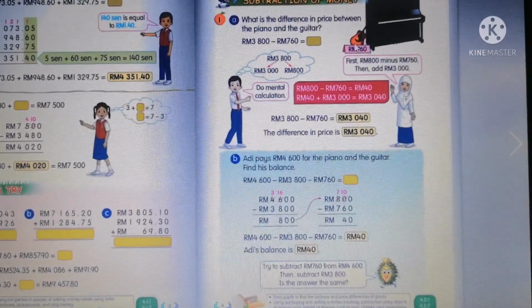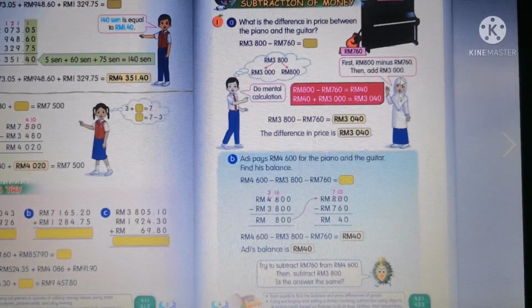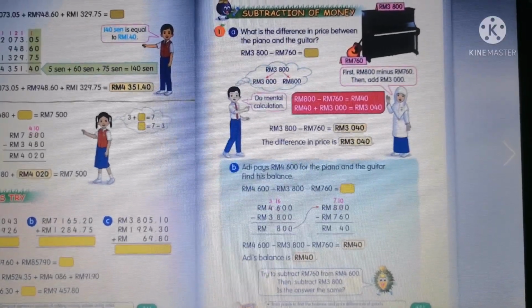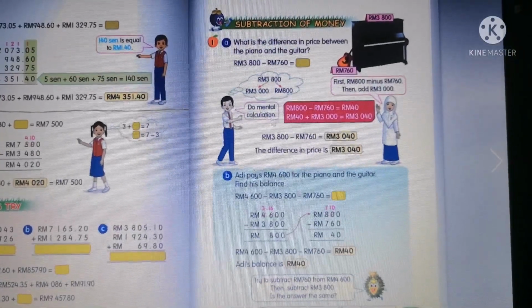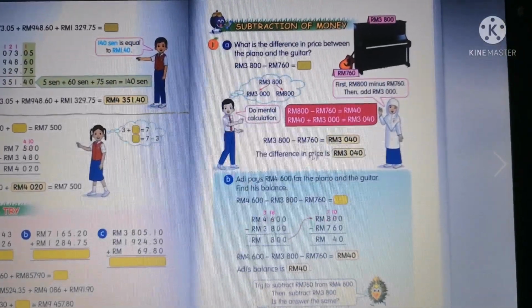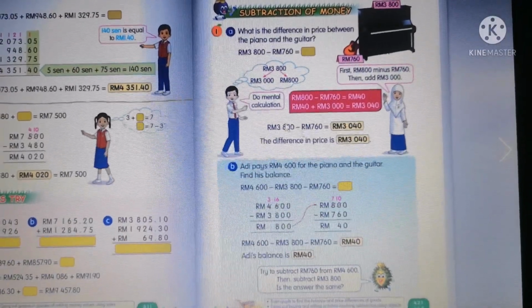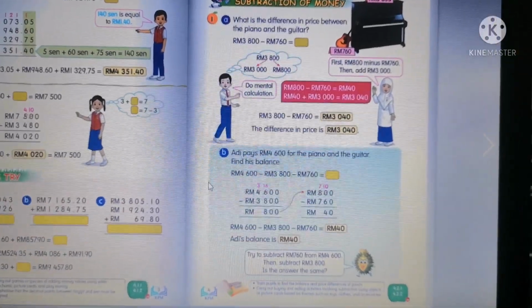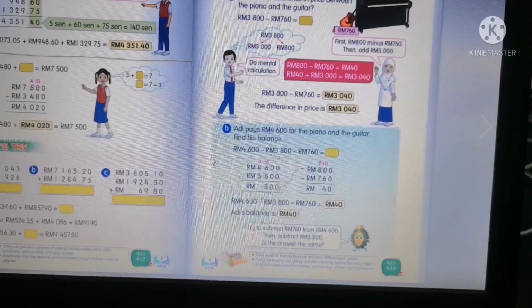Then with the balance, you add the 3,000. It's a bit difficult for those who don't have any experience. So I'm asking you not to confuse with this one. Just ignore these two. We will jump into how to solve the question, the calculation. Jangan hirakan mereka. Okay, sekarang we will look at this one.